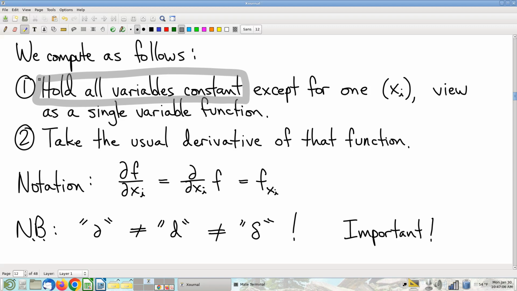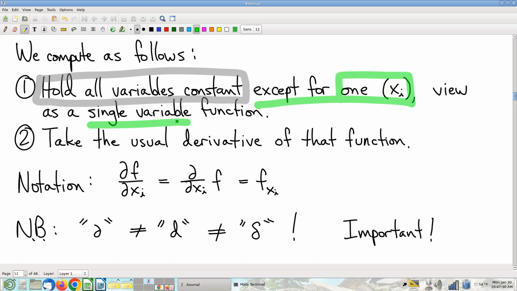And if you think about it, you have a bunch of variables and you hold most of them constant, except for one of them. So you used to have a bunch of variables, now you have a bunch of constants and one variable. Effectively, and so morally, you now have a single variable function.